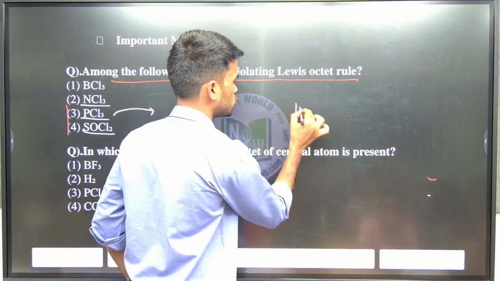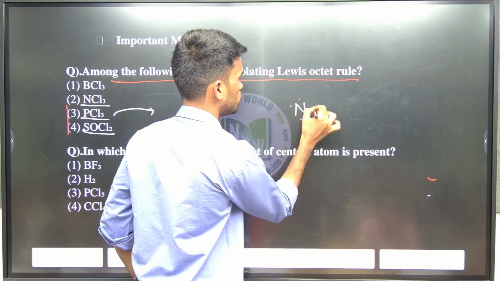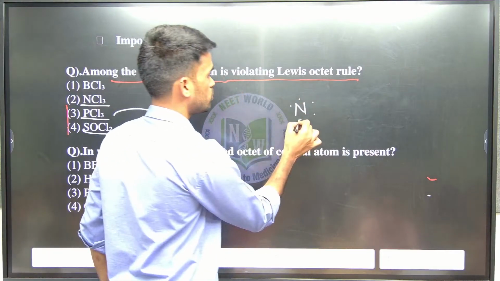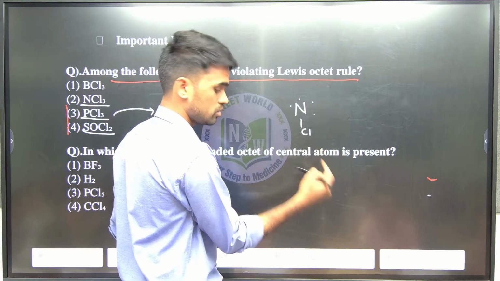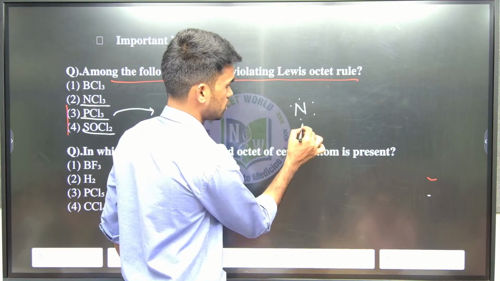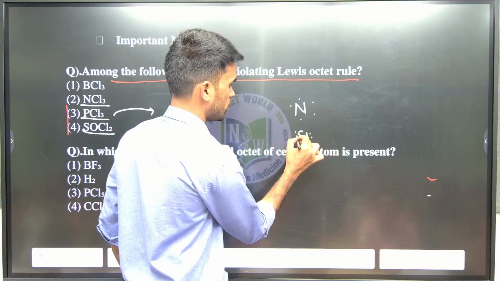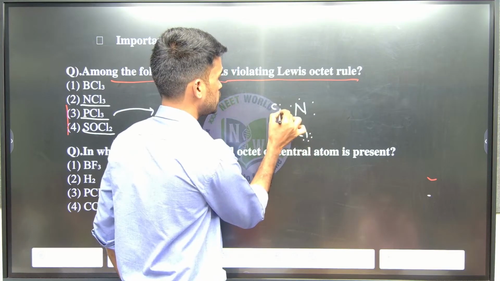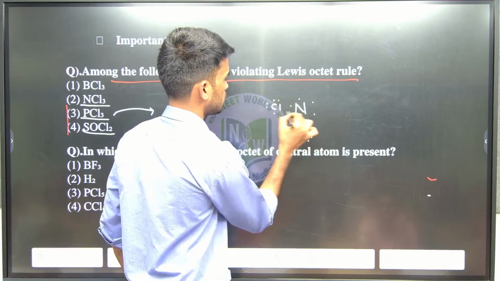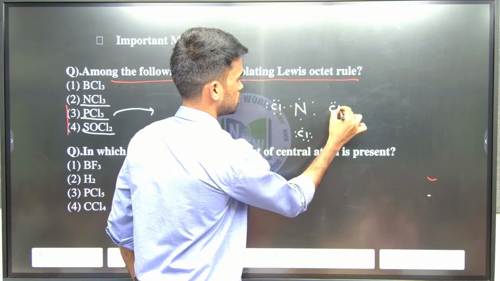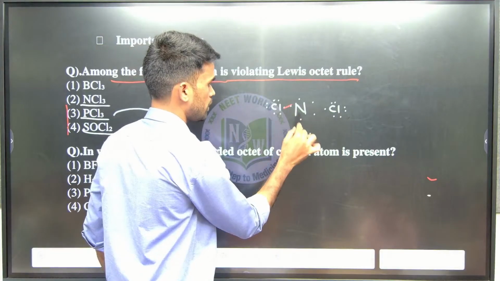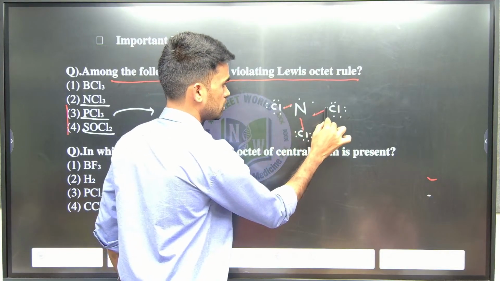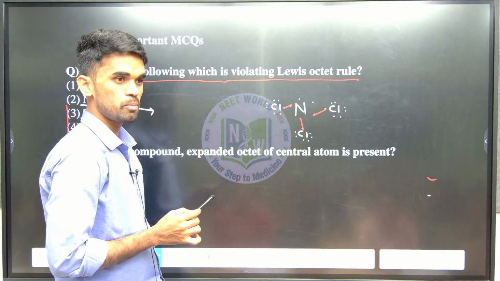See here, nitrogen, 1, 2, 3, 4, 5. So put one chlorine here. Now chlorine, how many electrons are there? 7 means 1, 2, 3, 4, 5, 6, 7. Like that, 3 chlorines. Okay, so one pair, second pair, third pair. 3 bond pairs we got.